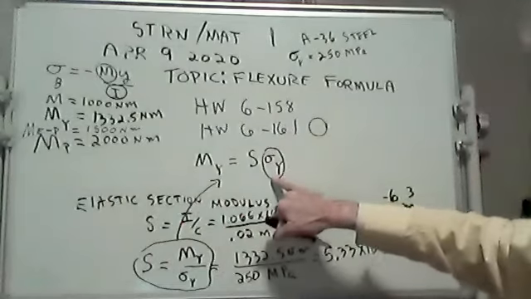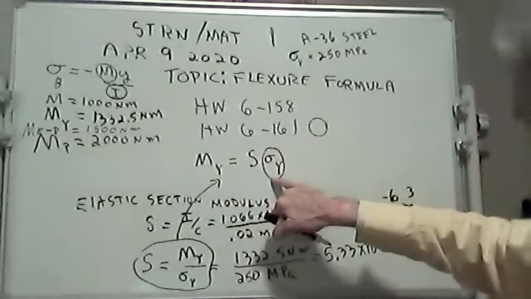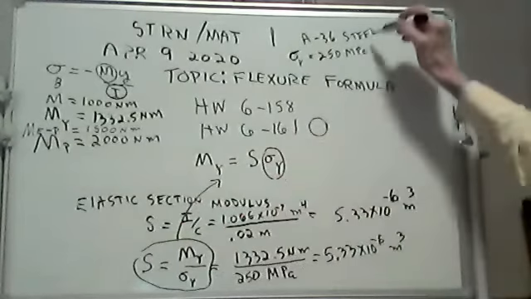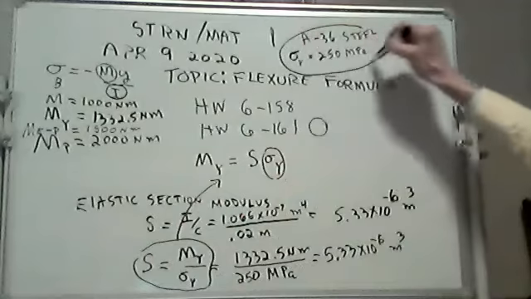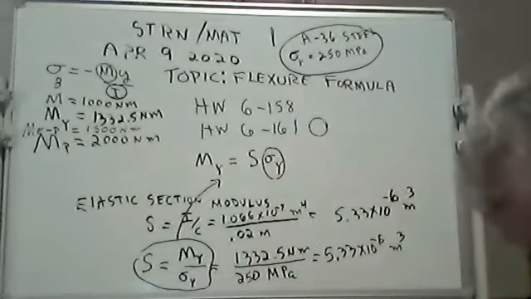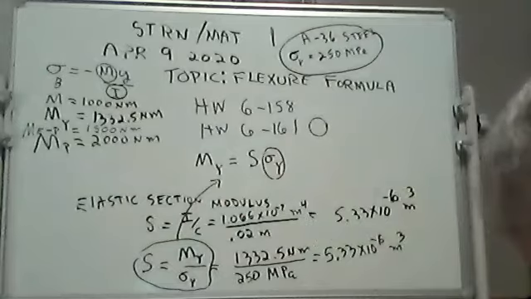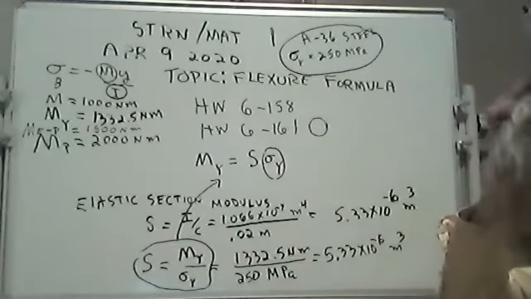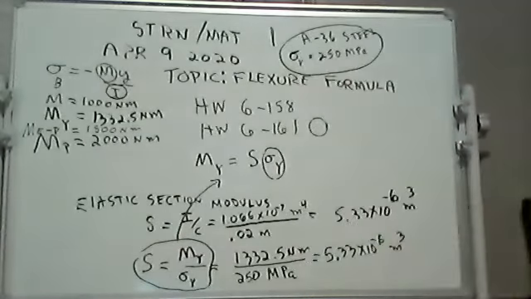There's tables of this stuff, like for instance, A36 steel, I think it's in the back flap of your book. A36 steel has a yield strength of 250 megapascals. You can look it up. Or if it's something else, aluminum or stainless or whatever, you can look.